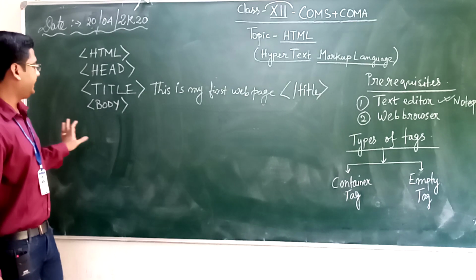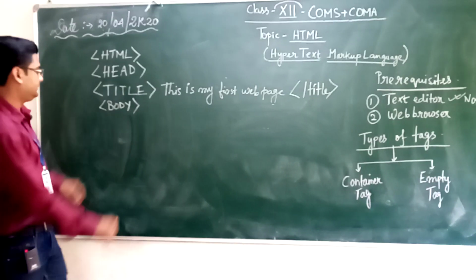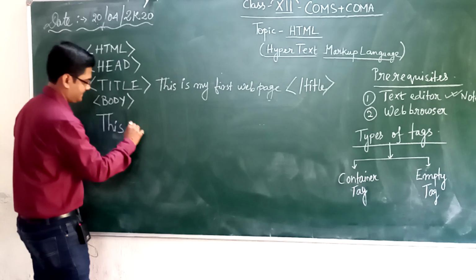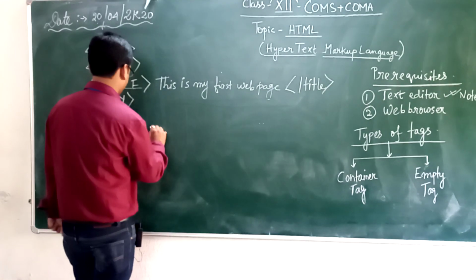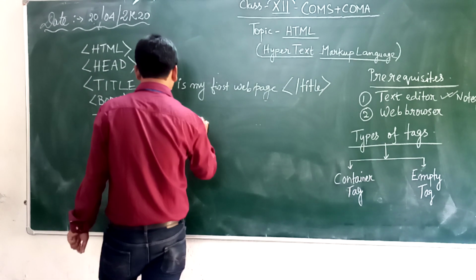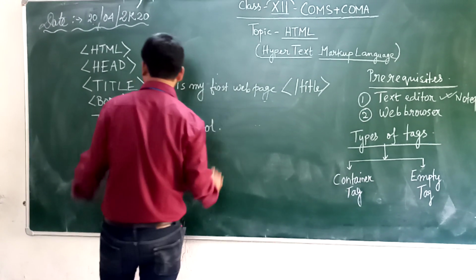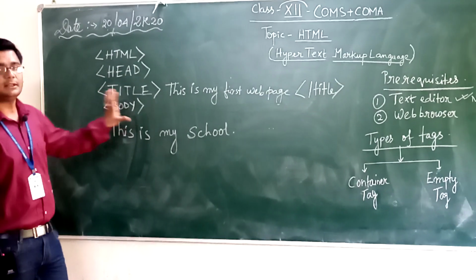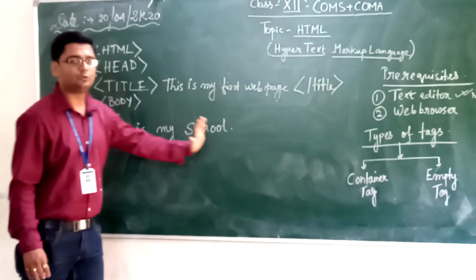First of all, let me write it. This is my school. I am writing this in the body, that means this portion will be displayed in the web page. This is my school.